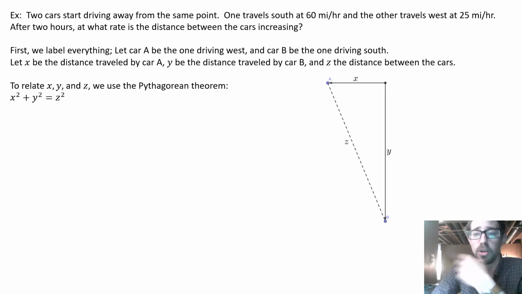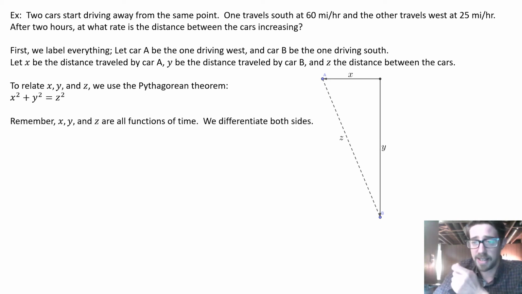Okay, so we want dz/dt. We'll worry about exactly what we have a little later. Now we have to relate those three things, and you know how to relate those three things, right? There's generally some formula from geometry that comes up here, and that's the Pythagorean theorem. So the two legs are x and y, and the hypotenuse is z. So x squared plus y squared equals z squared. That's the equation we're going to be working with.